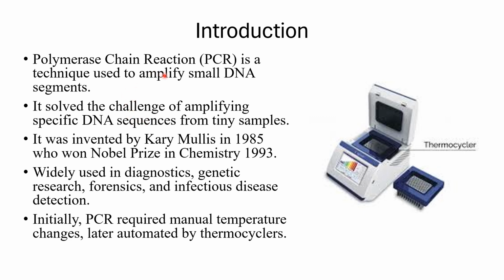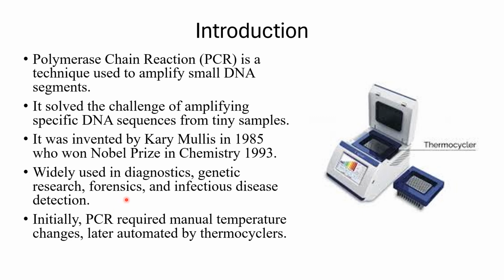So the polymerase chain reaction allowed amplification of specific DNA sequences from very tiny samples. The technology was invented by Kary Mullis in 1985. And as we know, it has been widely used in diagnostics, in genetic research, in forensic medicine, and also in infectious disease like COVID-19 detection.